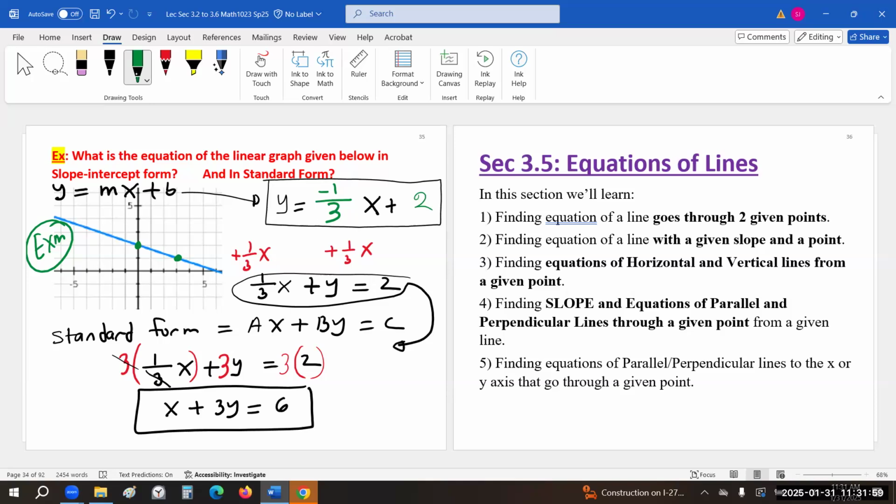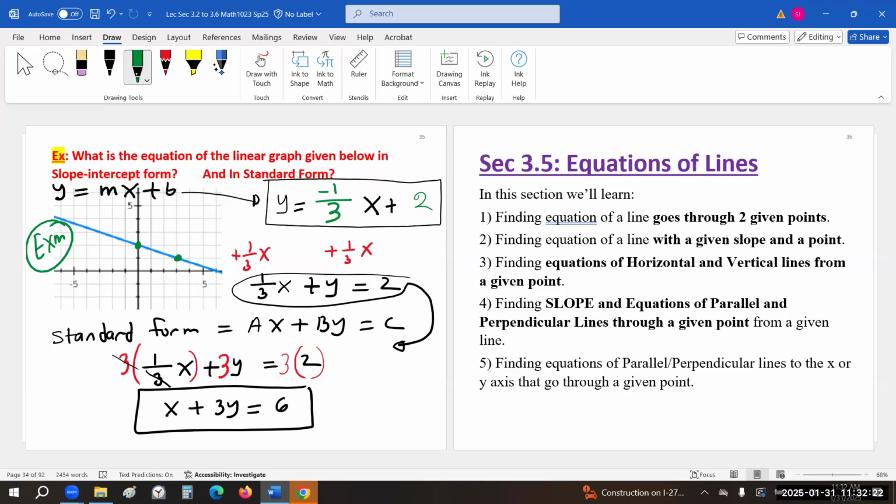First scenario, 2 points are given, find the equation of the line. Second scenario, the slope and 1 point is given, find the equation of the line. Third scenario, 1 point is given, find the horizontal line that goes to the point and the vertical line that goes to the point.